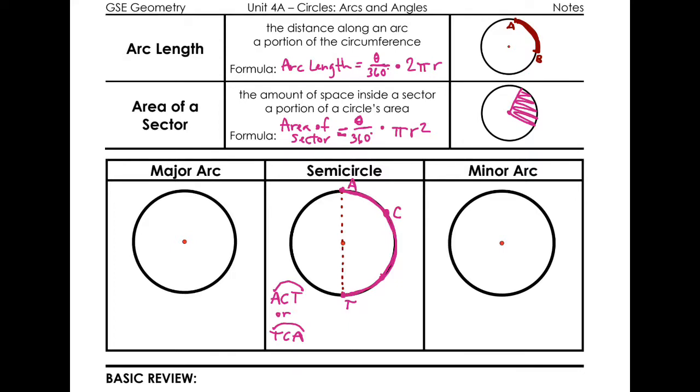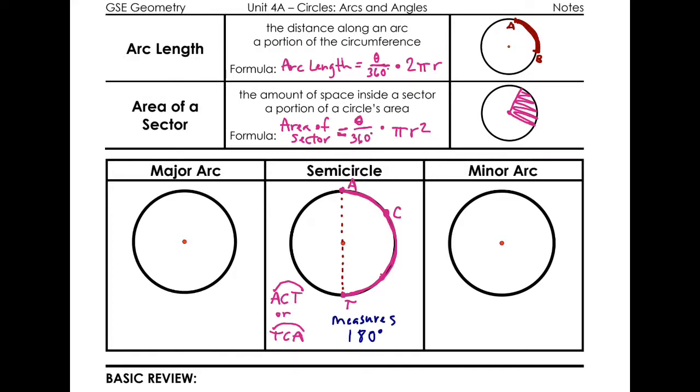So it's very important you understand the notation and you use it. Now, one thing to mention about a semicircle that you guys probably already know, since we discussed an entire circle is 360 degrees, you should know that a semicircle is half that, which is 180 degrees. So it measures 180 degrees.